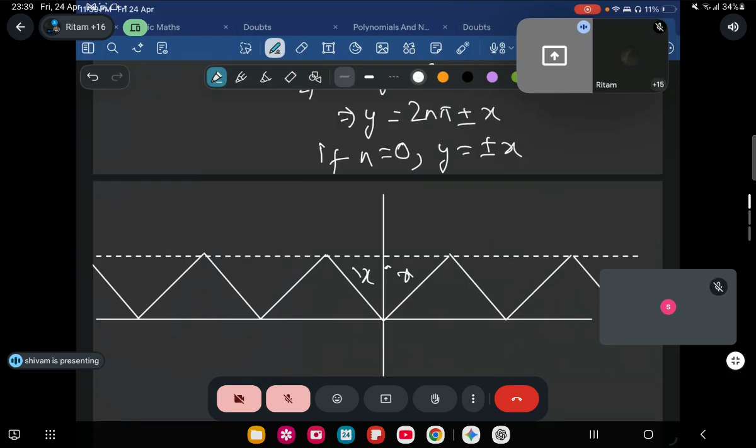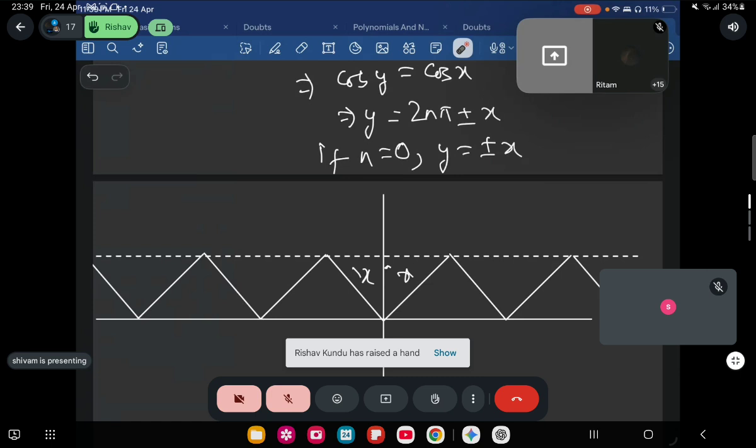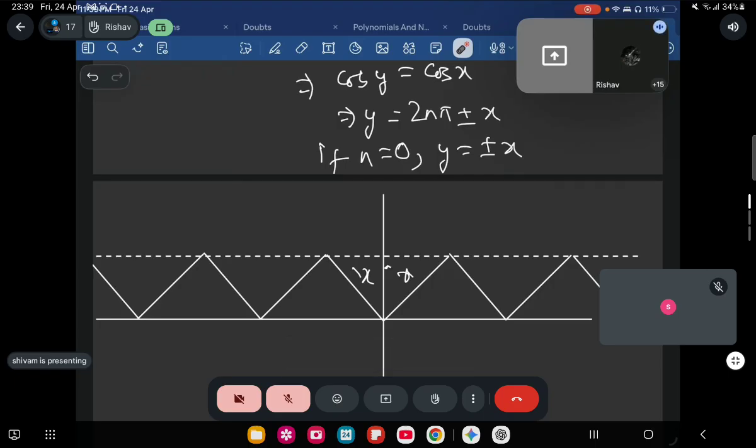What is the equation of the next branch? Yes, Rishabh, tell me. y equals 2 pi minus x. 2 pi minus x is absolutely correct.